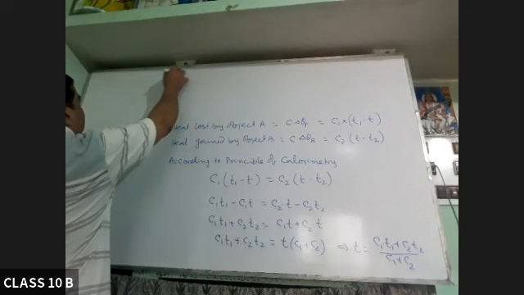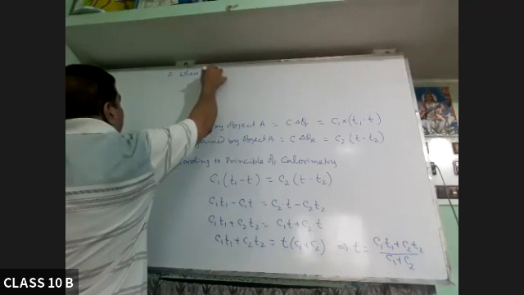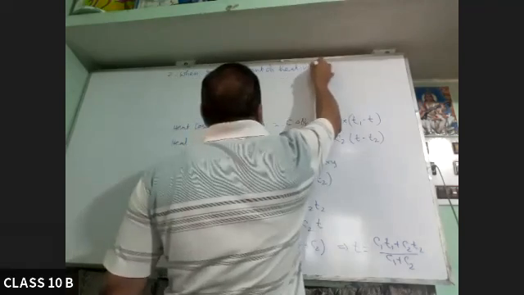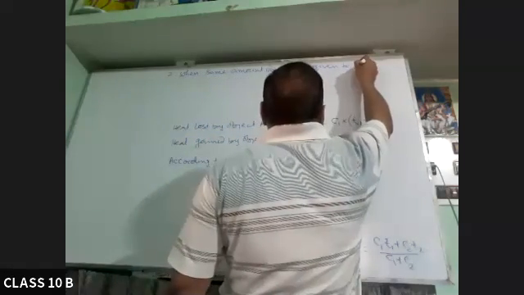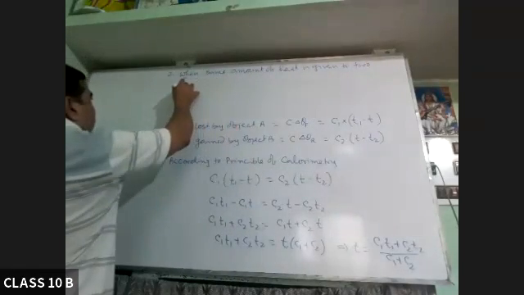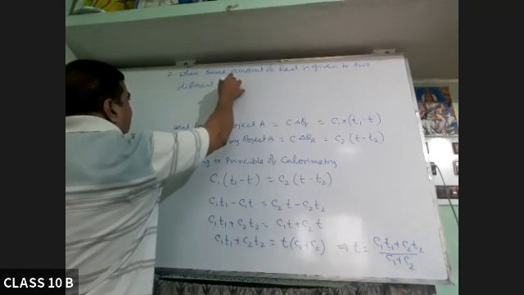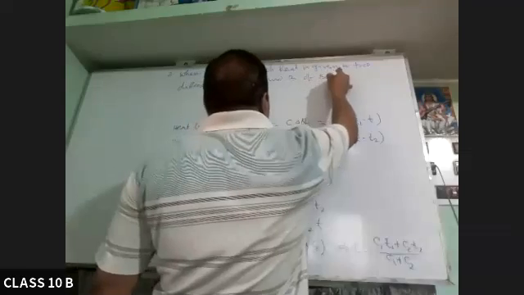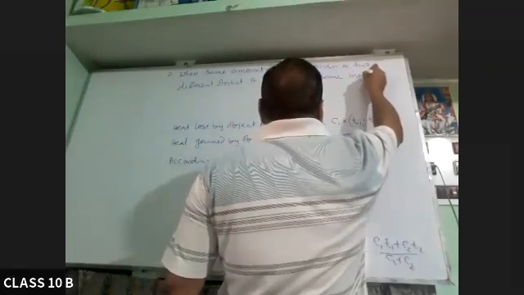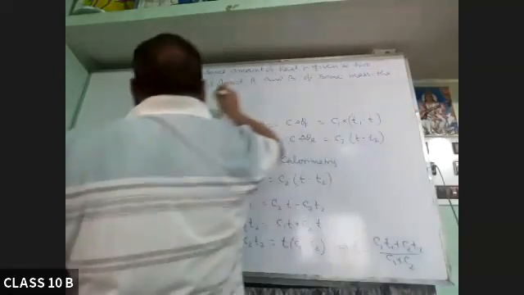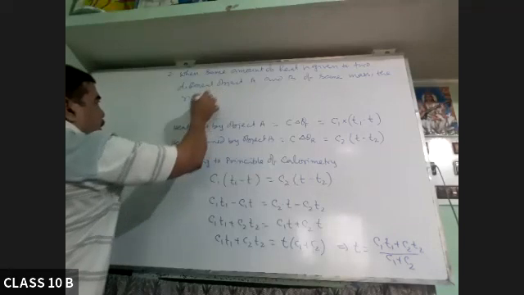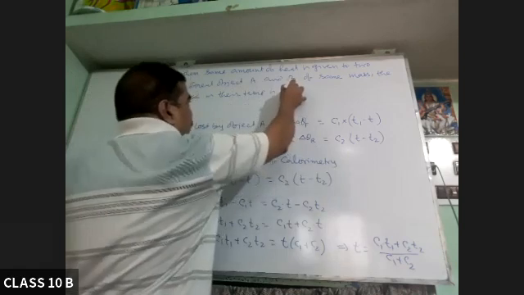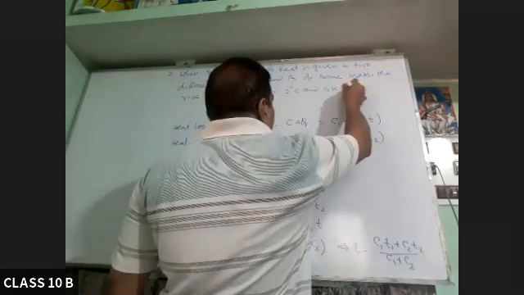Now we are given another one. When the same amount of heat is given to two different objects, A and B, of the same mass, the rise in their temperature is 2 degrees Celsius and 5 K respectively.